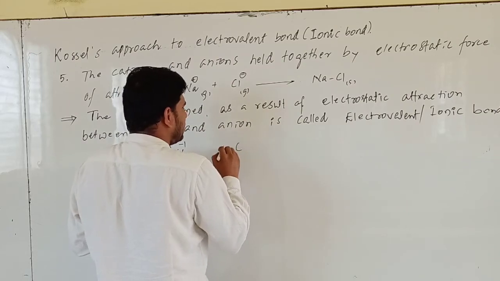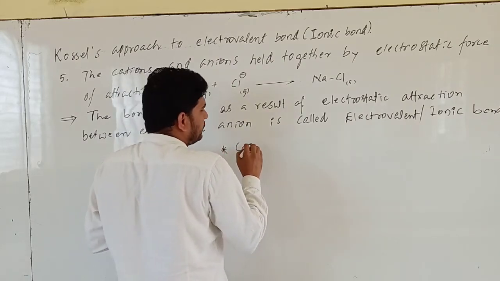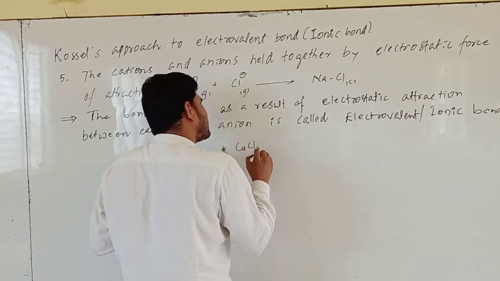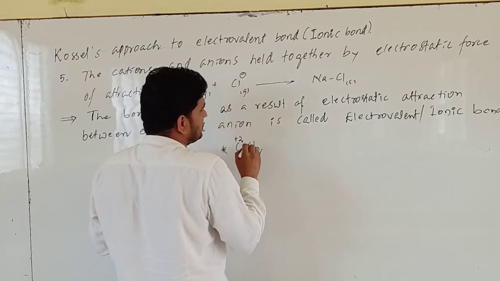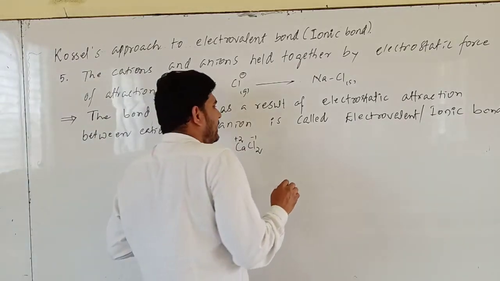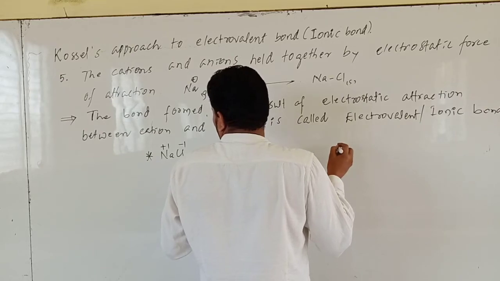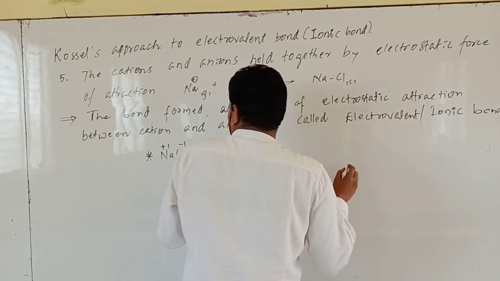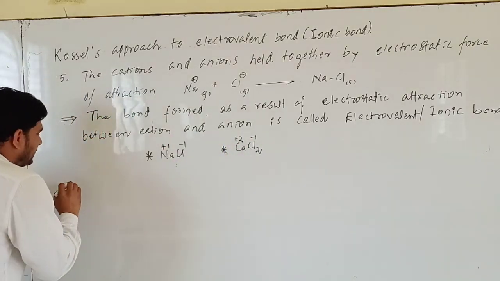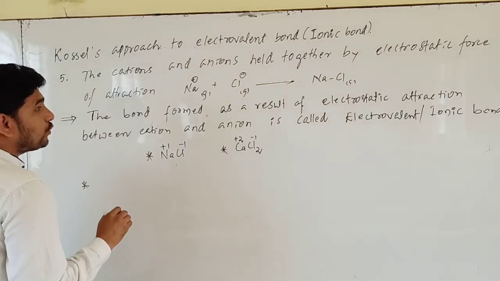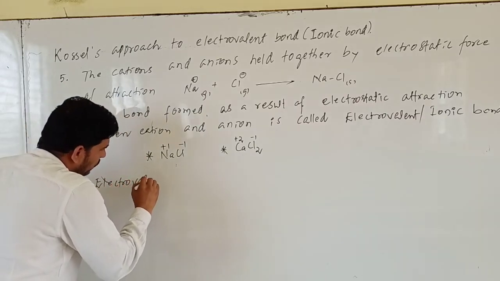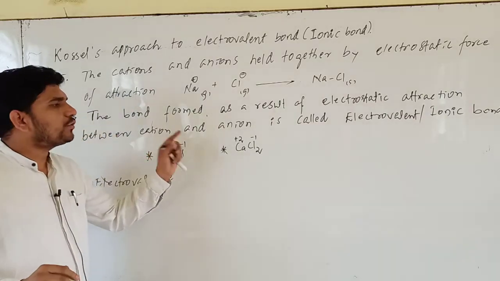If you observe calcium chloride, +2 is the charge on calcium, and -1 is the charge on Cl. This charge is called electrovalence.